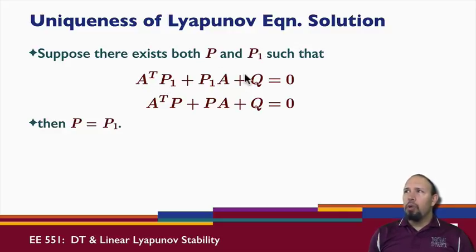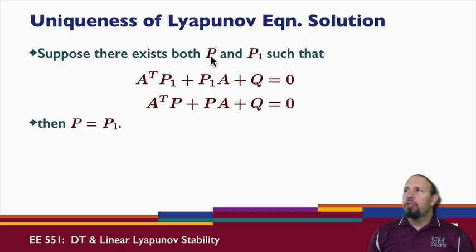if A is stable, it will always have a solution. For any Q, this will always have a solution in P. But if your A matrix has eigenvalues on the imaginary axis, there will be no P that will satisfy these equations, which is kind of weird.